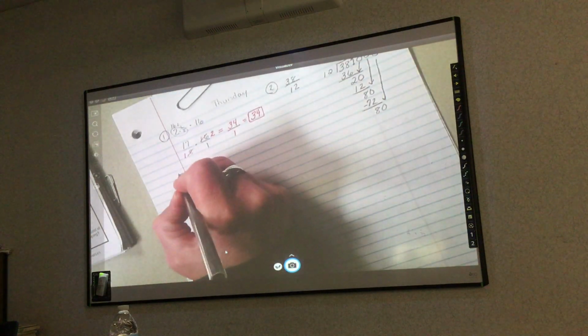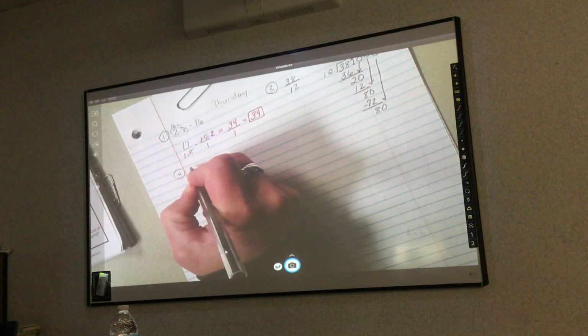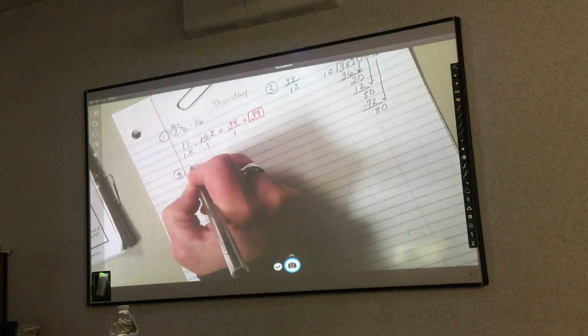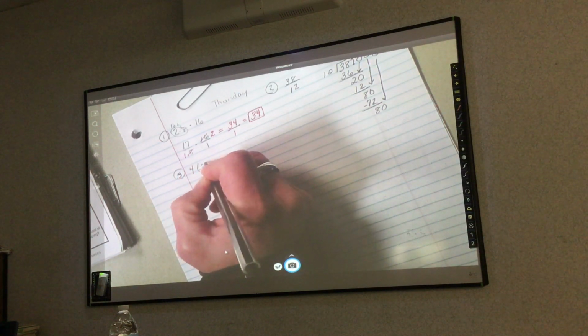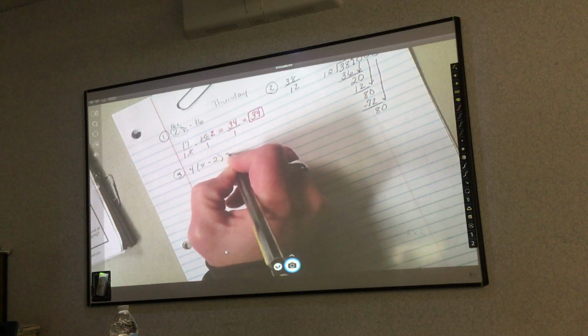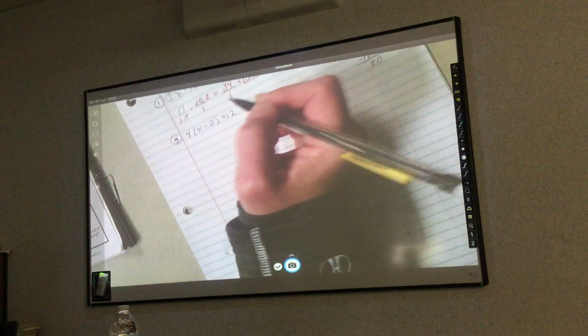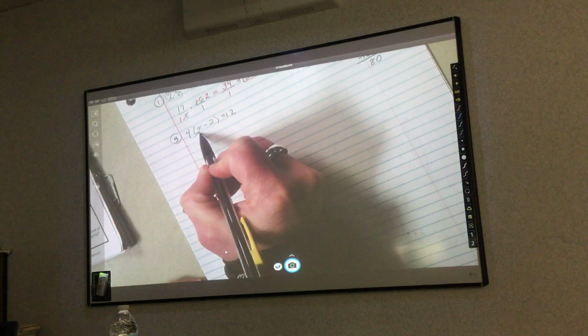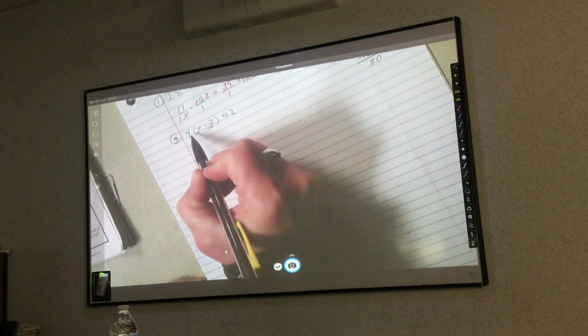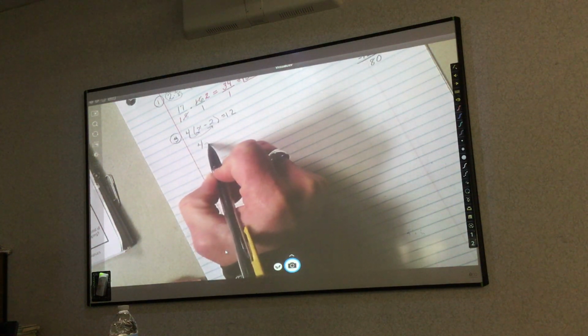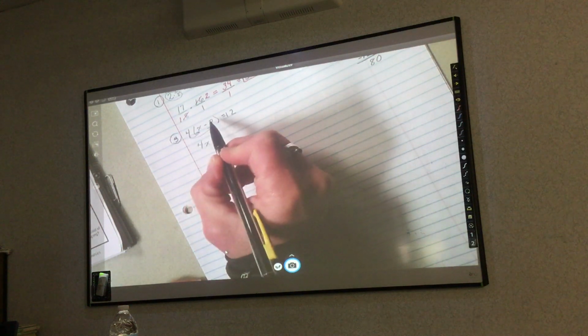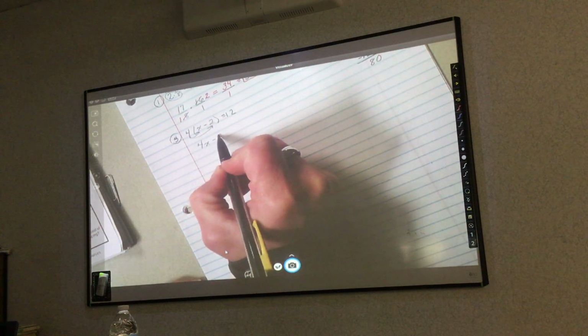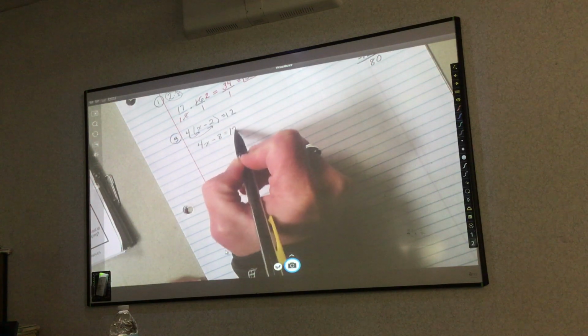Number 3 is 4 times the quantity x minus 2 equals 12. This is the distributive property. So 4 times x is 4x. 4 times a negative 2 is a negative 8, equals 12.